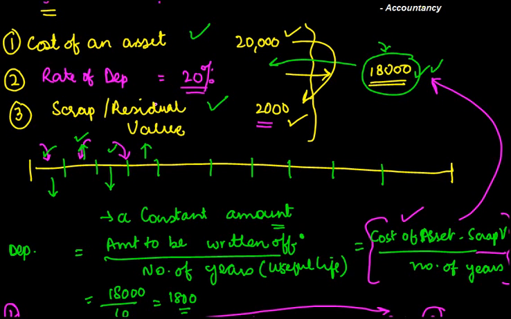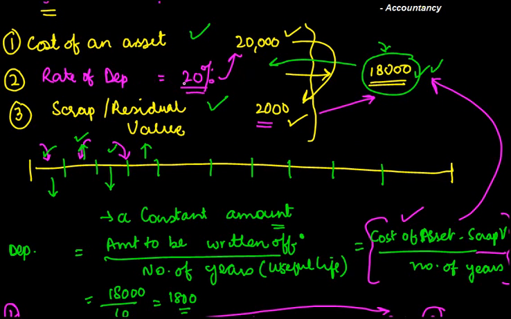Right? Now, if the rate of depreciation is 20%, how much depreciation is chargeable? Obviously, the amount of depreciation which has to be charged is on the amount to be written off, which is 18,000 again in this case.